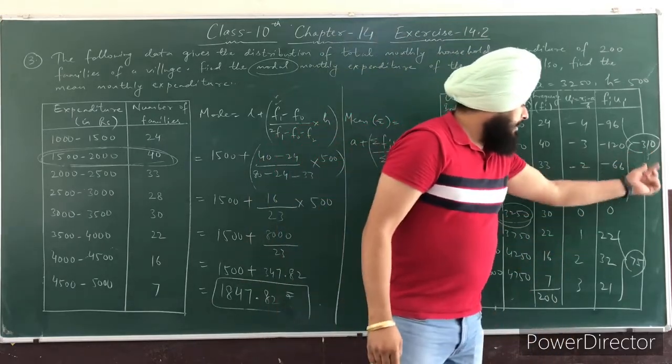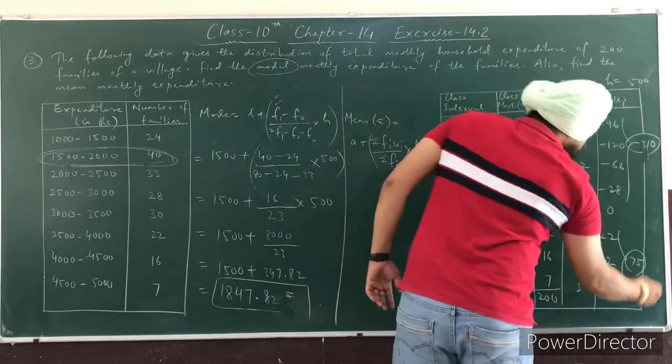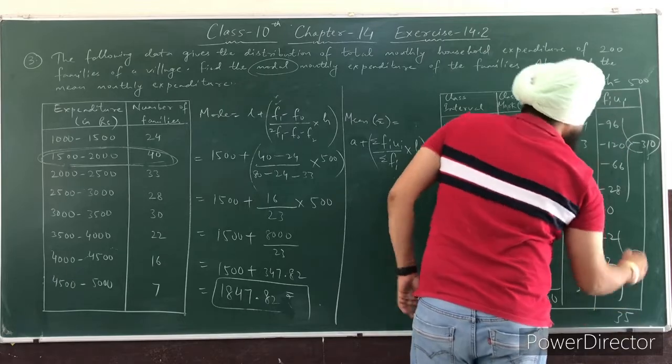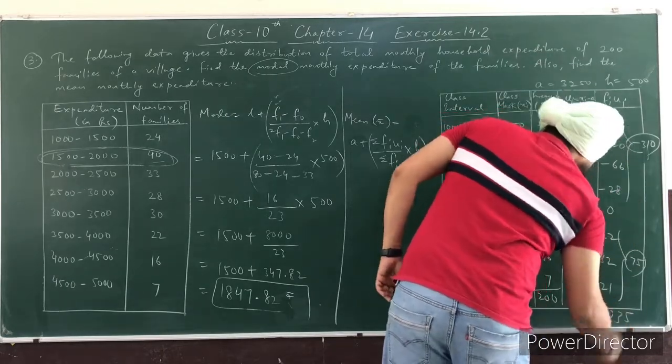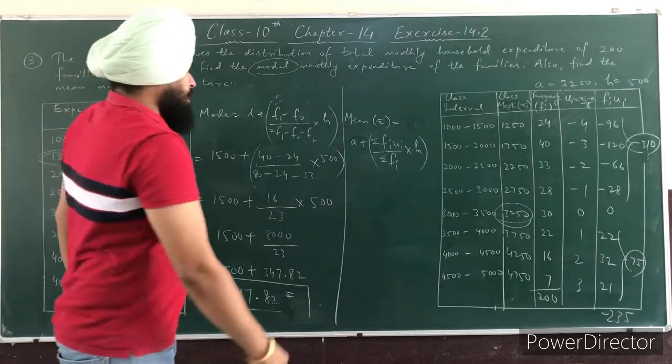Now minus 310 plus 75. Minus plus minus, so subtract: 10 minus 5 is 5, 10 minus 7 is 3, 2. So it is minus 235. So now put the values.